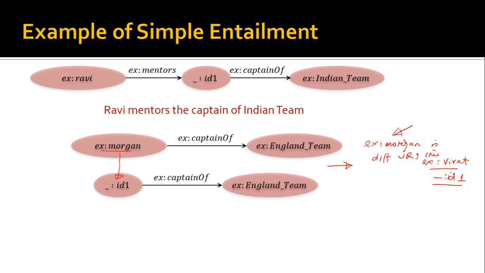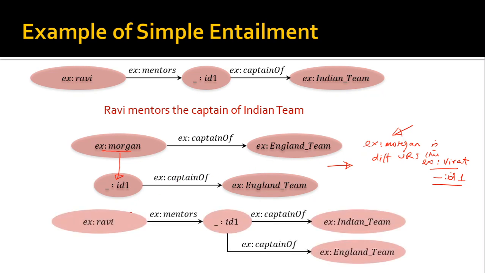And let us see what would be the problem, right? So Ravi mentors ID1, and ID1 is the captain of Indian team. And if we can attach this triple in this existing graph, it will look like Ravi mentors the captain of Indian team also, which is not basically the conclusion that we can get only from this, right?